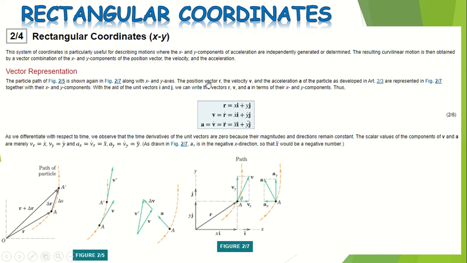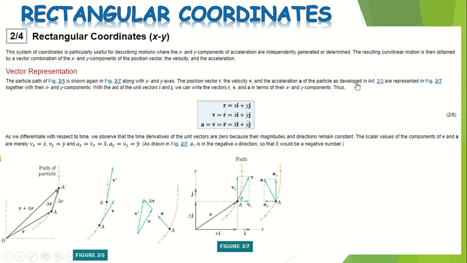So the position vector r, as mentioned in our very brief review, the velocity v, and the acceleration a.